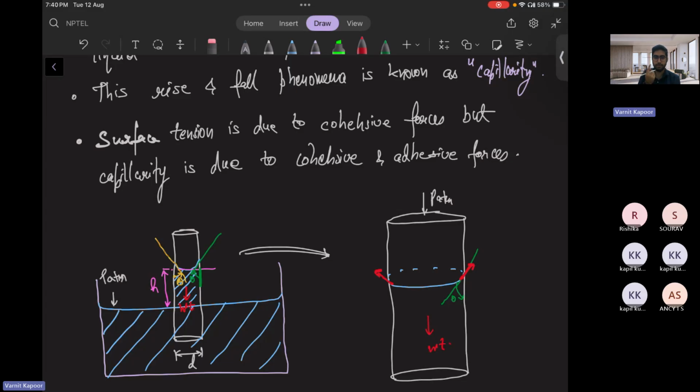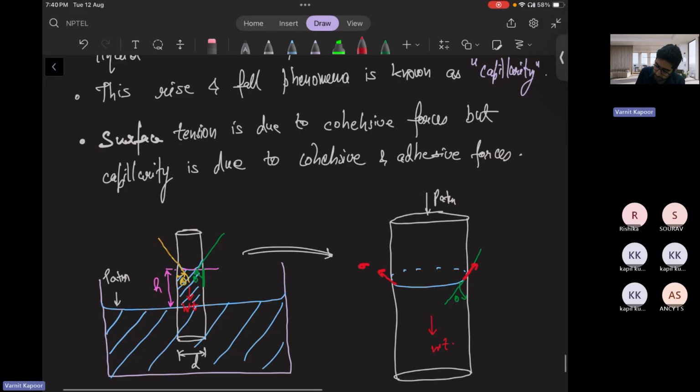Similarly, around the whole circumference, sigma, sigma, sigma. That is the surface tension coefficient. Now the surface tension force will have two components, one vertical and one horizontal. If this angle was theta, so this angle will also be theta.